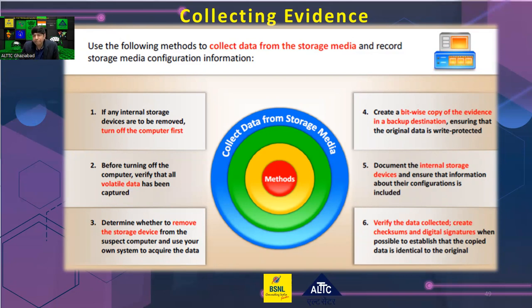Create a bitwise copy of the evidence in a backup destination, ensuring that the original data is write protected. Document the internal storage device and ensure that the information about their configuration is included.